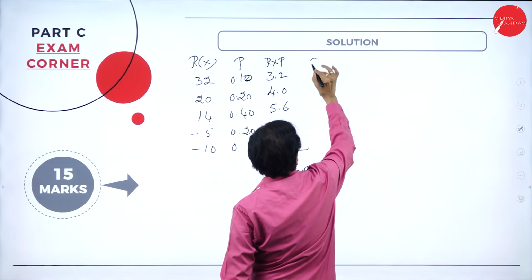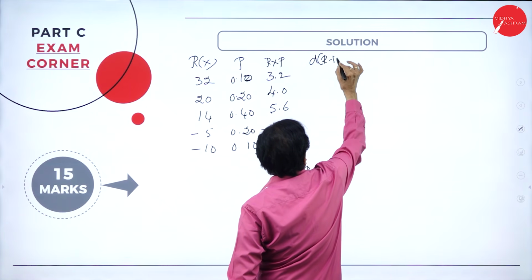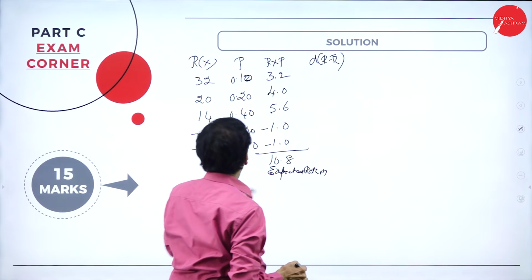Then you take the deviation, R minus R mean. Your mean is 10.8.